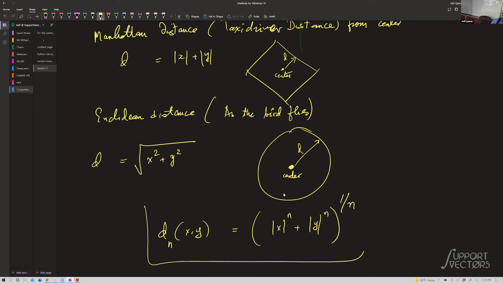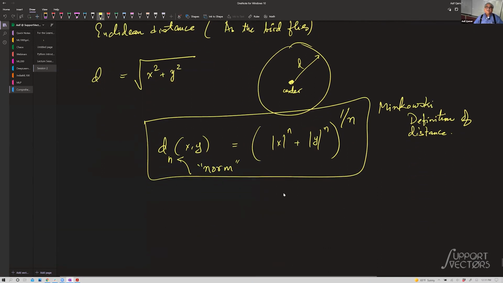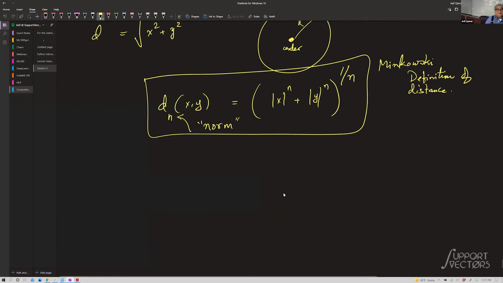This is the Minkowski generalized definition. N is the norm. Norm means your way of defining distance. Now, with this equation in mind, and this is the one thing I'll keep, we are very close to a very beautiful result actually here.